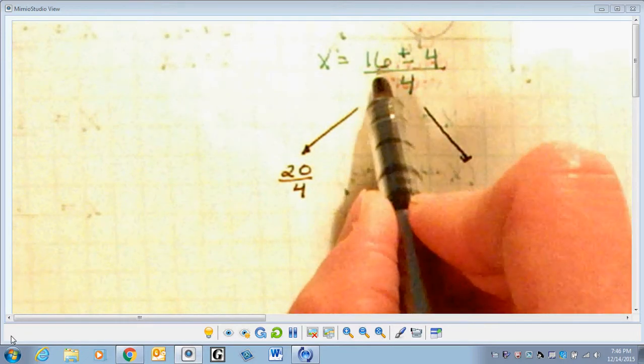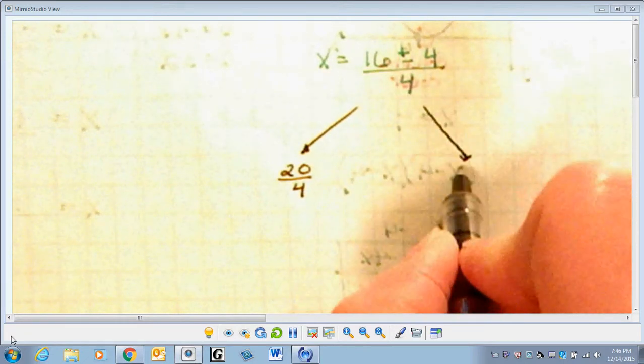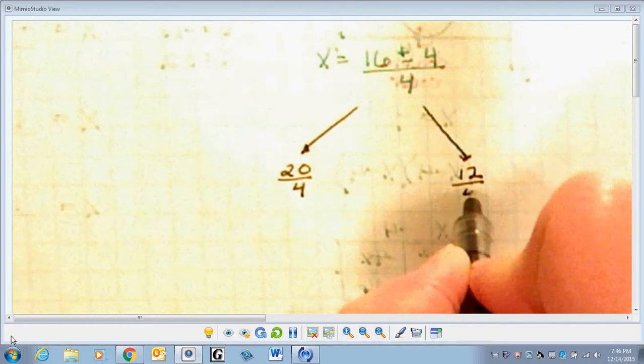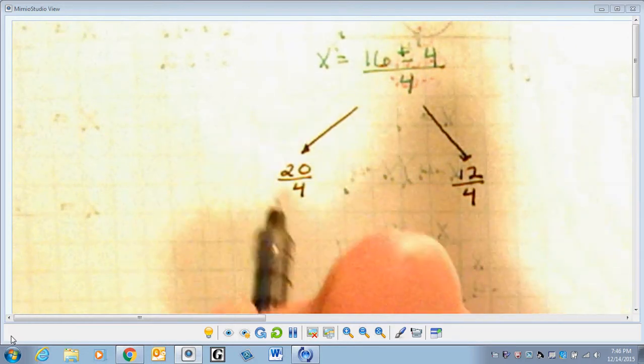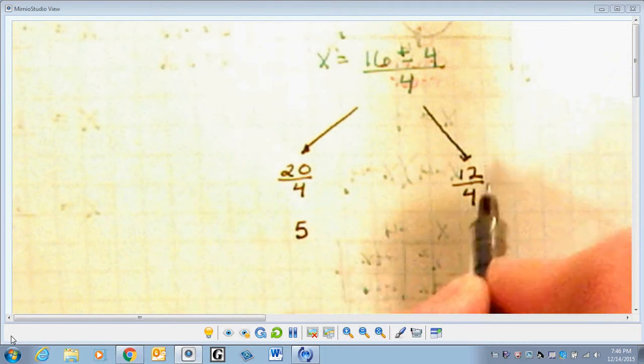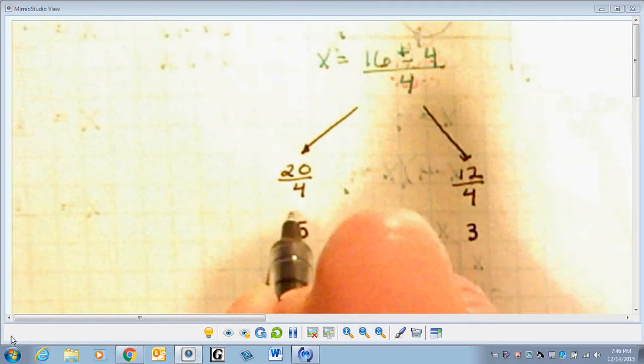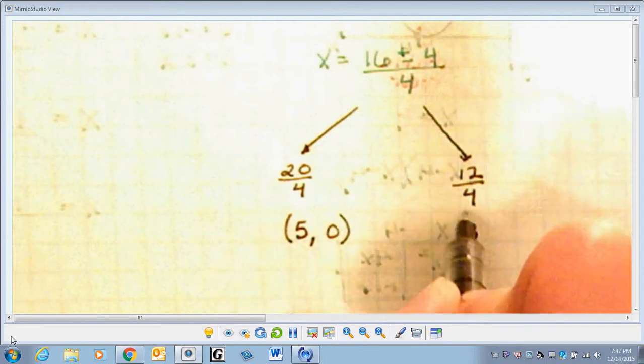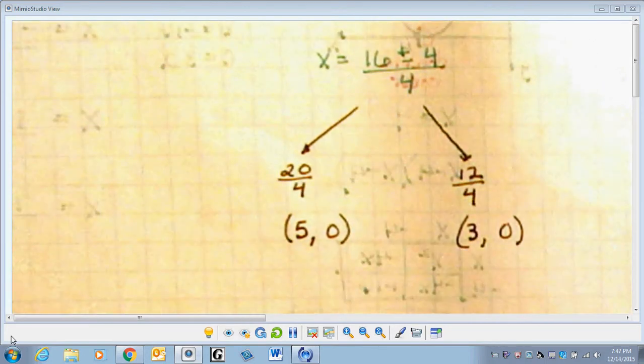And then we have 16 minus 4, which is 12, divided by 4. So 20 divided by 4 is 5. 12 divided by 4 is 3. So our roots are (5, 0) and (3, 0). And that's exactly what I showed you they were on the calculator.